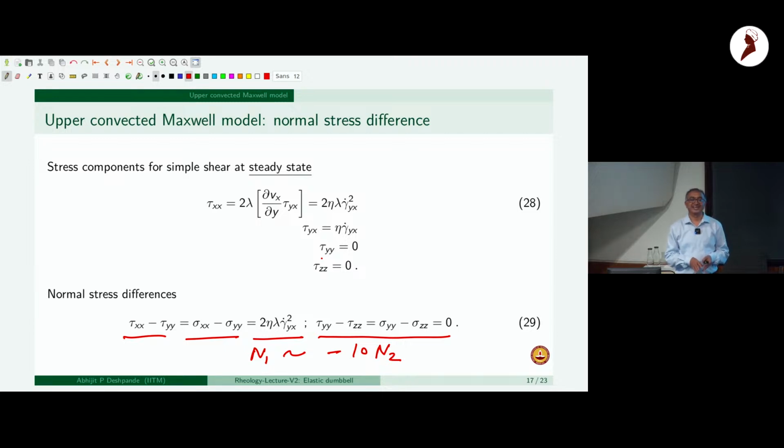Historically, of course, N1 came about because of fiber spinning and film making in polymer melts. You have to be able to make films and fibers at fairly large rates, right? In an industry, you want to make them as fast as possible. So you're extruding polymer through a very narrow opening, and whether it forms a nice jet or a nice film without undulations or any other instabilities was strongly related to the normal stress difference.